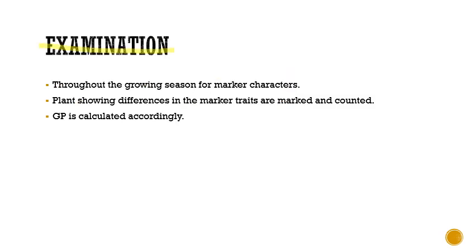The evaluation is carried out throughout the growing season for all the marker characters, and the plants showing differences in the marker traits are marked and counted, and the genetic purity is calculated accordingly. So that's all about genetic purity for this lecture 2.